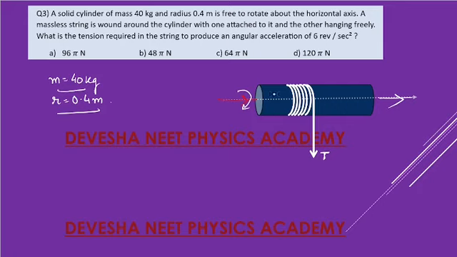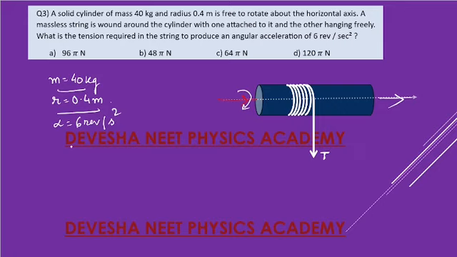This will try to make the cylinder rotate around its horizontal axis. In this case, alpha is given to be 6 revolutions per second square.